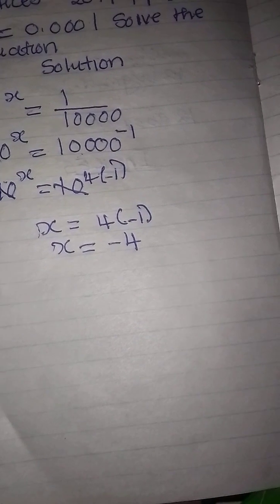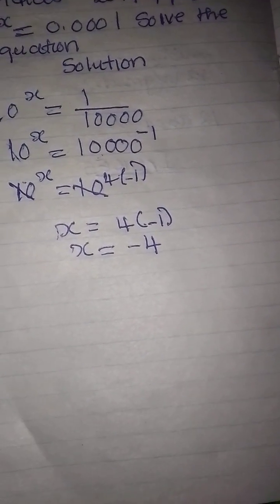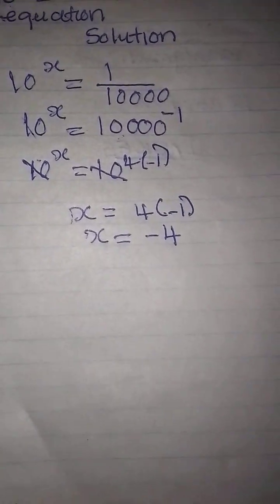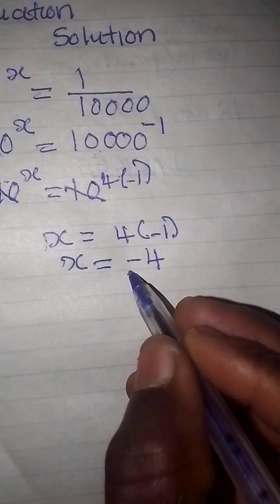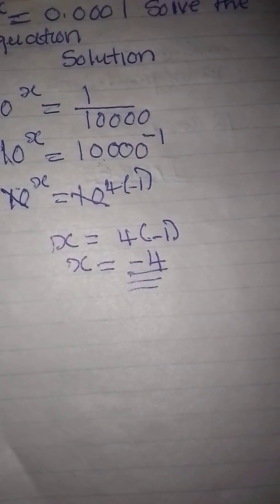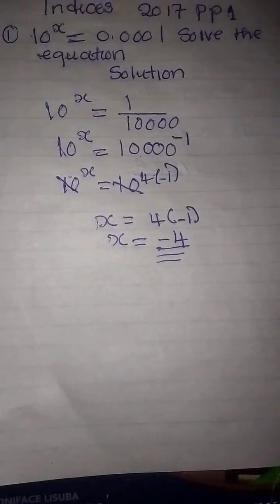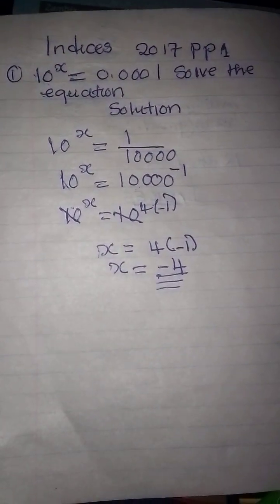Positive times negative gives negative, negative times positive also gives negative, and positive times positive is positive, negative times negative is positive. So this is our final answer. Paper one just requires you to write the answer, so you can solve this from somewhere, then transfer it to the answer sheet.